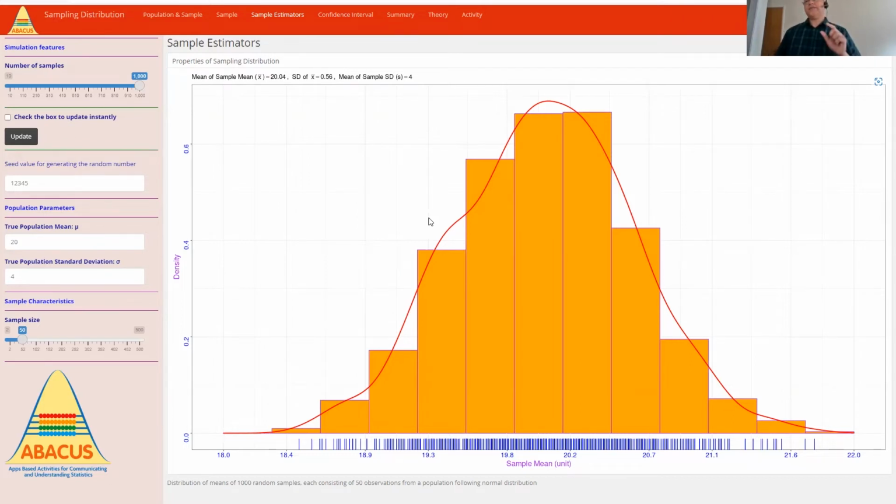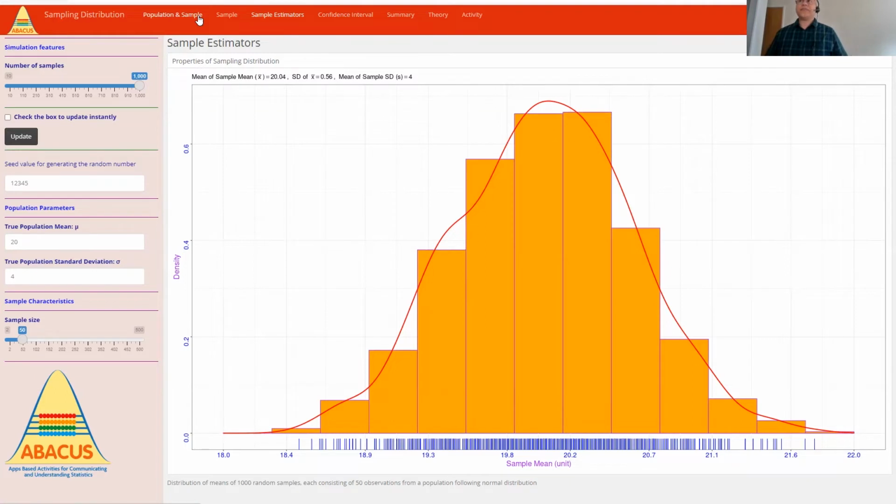So at least we now know the sample mean and its standard deviation using the standard error concept.